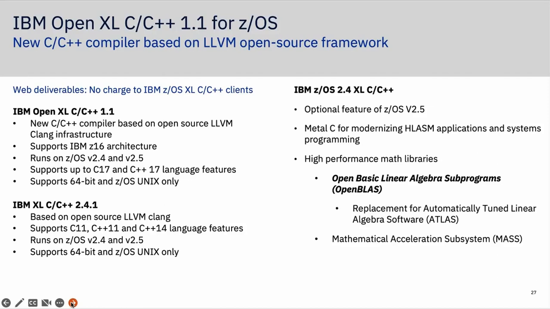And then we have two web deliverables. One is the XLC and C++ version 2.4.1, because we're transitioning to the LLVM open source framework.